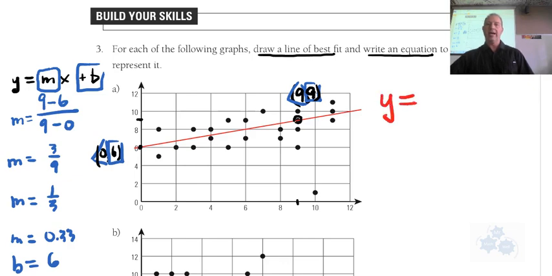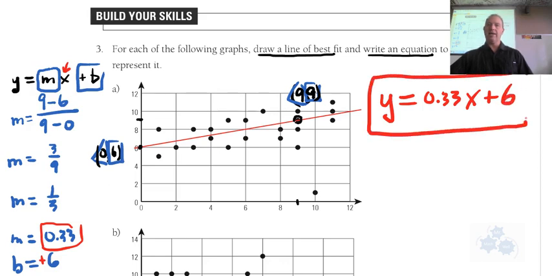So y equals the slope of this line I calculated, 0.33, and then I'm going to have an x in there, because I've got to have the x here. And then b is positive 6, so I'm going to write this as plus 6. And that is the equation for my line of best fit. Yours might be the same, it might be a little bit different.